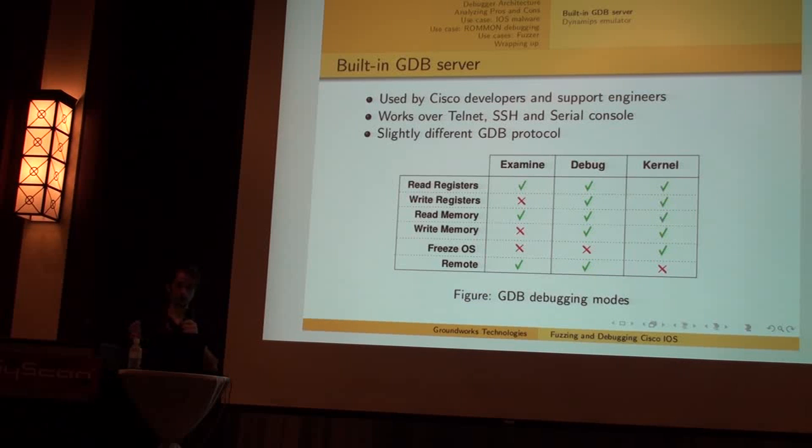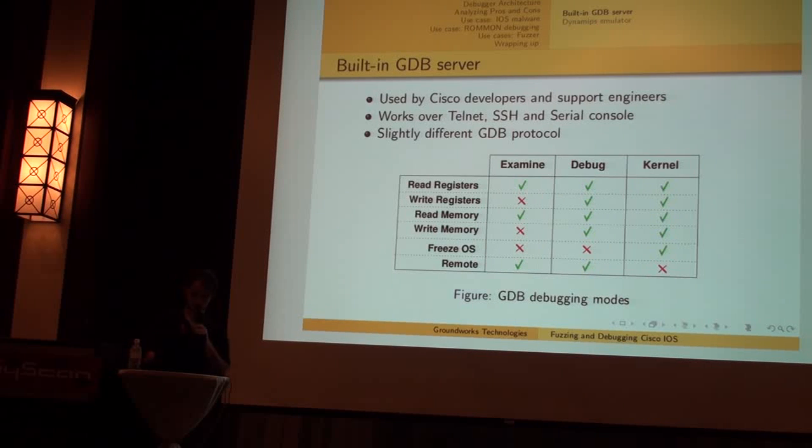And also, routers tend to have access to all the communication of an organization. So it's a very good thing to compromise a router. The problem is that it's quite hard to do. But okay, the first thing that you have to do is to debug it.